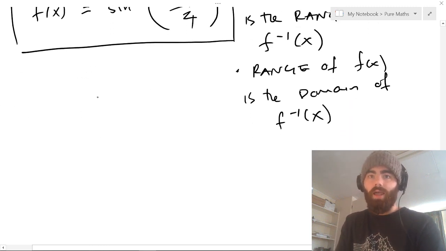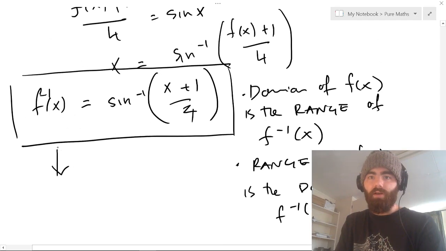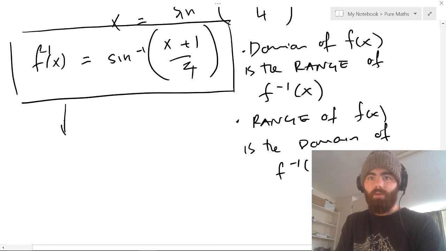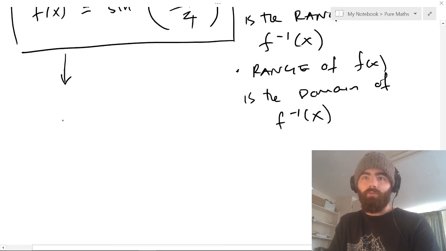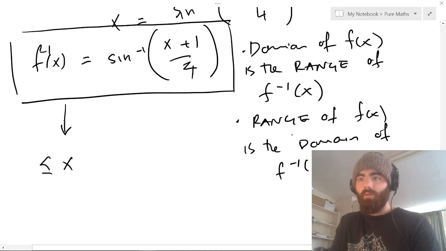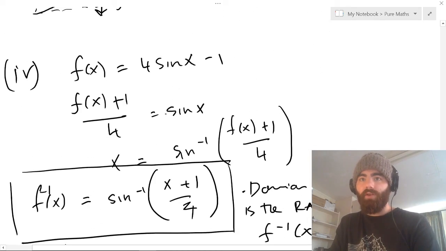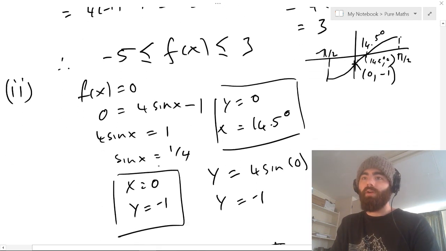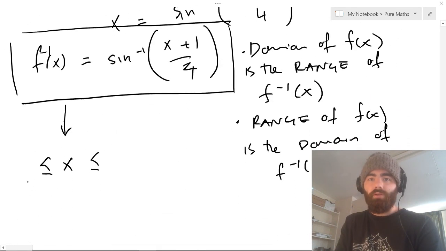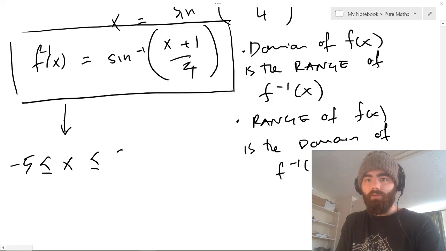So for this, our inverse function, our x will go from what our range of f of x goes from. So our range of f of x is minus 5 to 3. So our domain is minus 5 to 3.